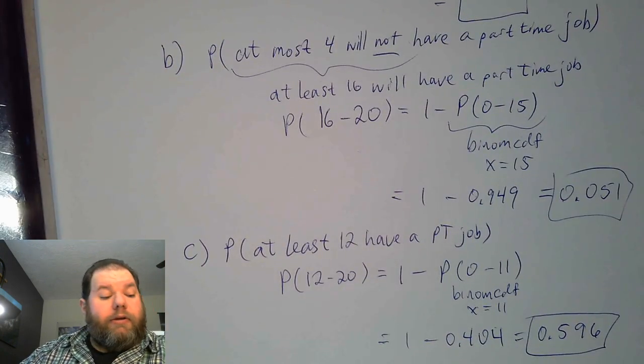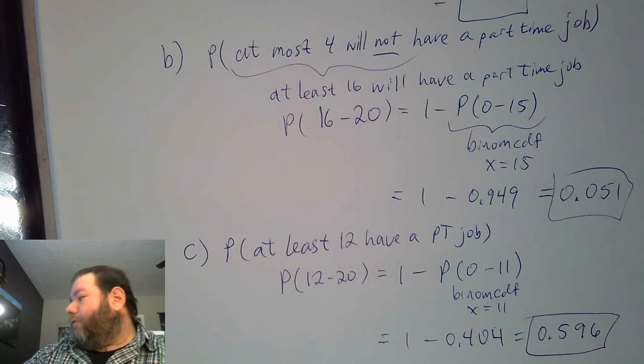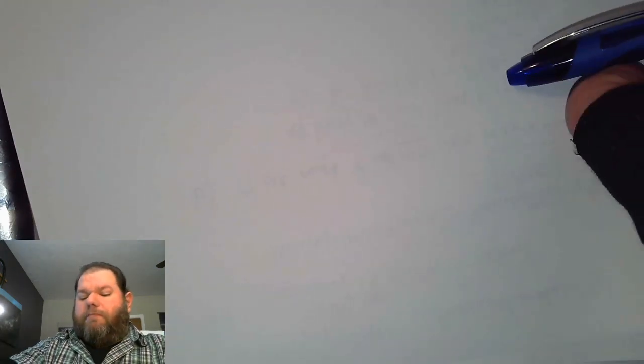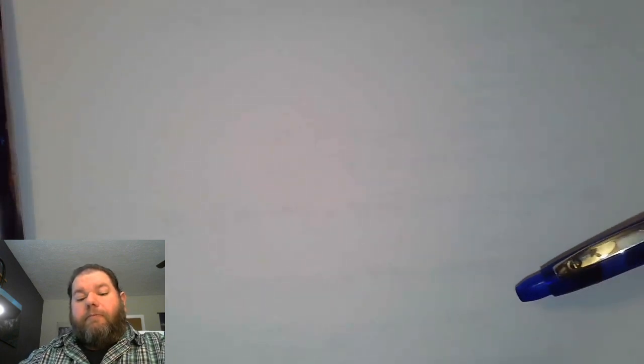Now part D, what is the expected value? Well, the expected value is the same thing as the mean. Pulling up the second page at the same time. This is 16D.